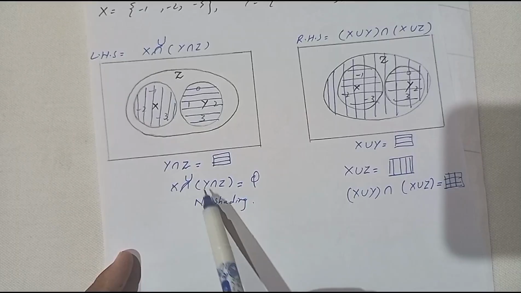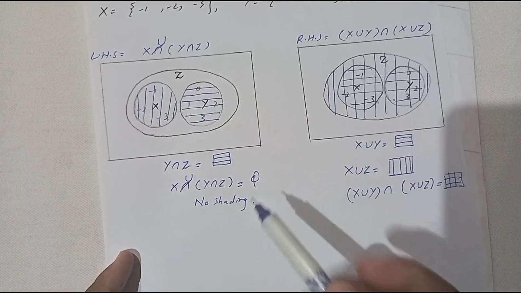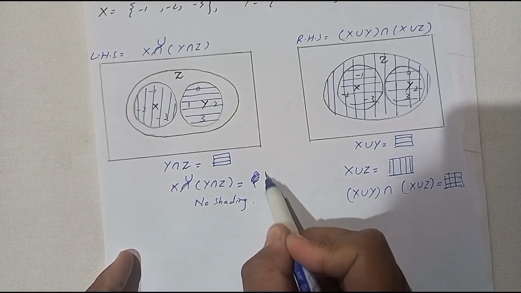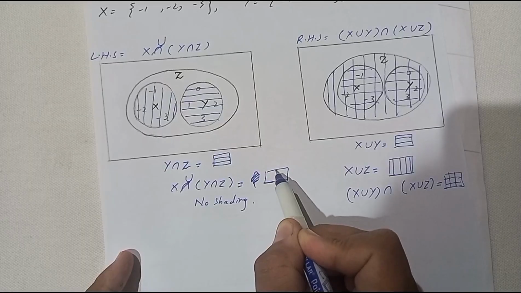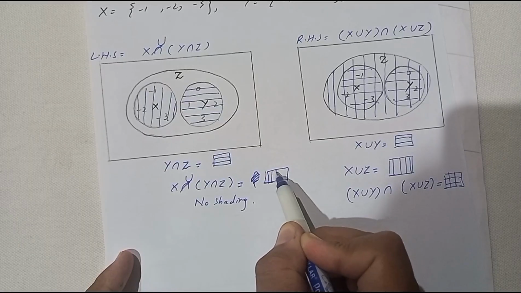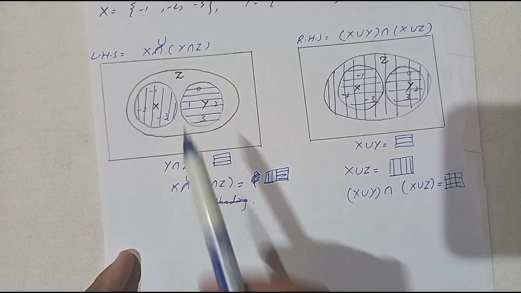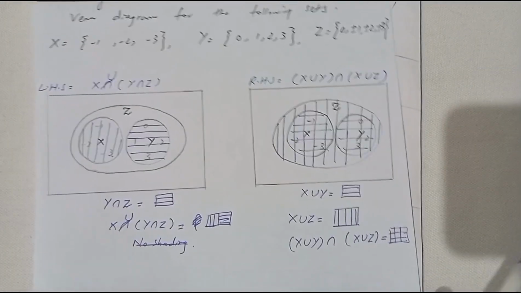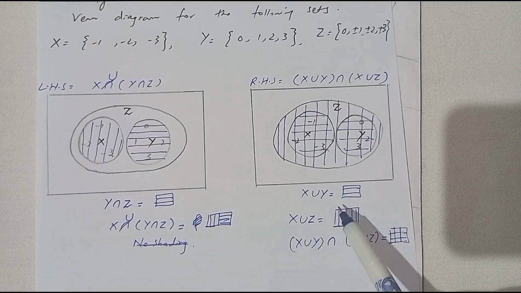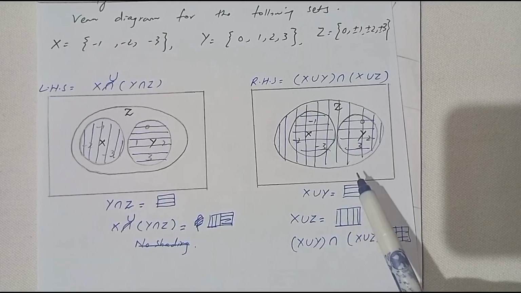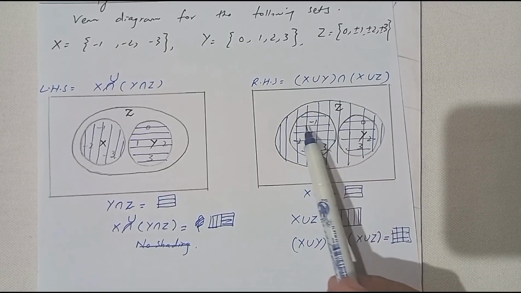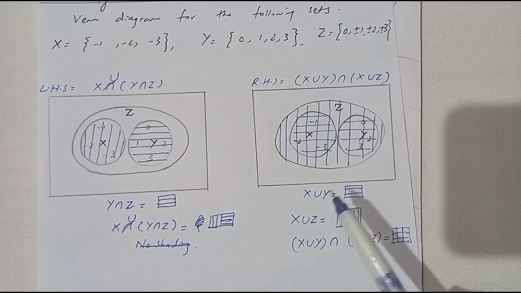So we write it as all the vertical and horizontal shading. In the right hand side, first we shade the part X union Y, all parts of X and Y. We shade it with horizontal lines.